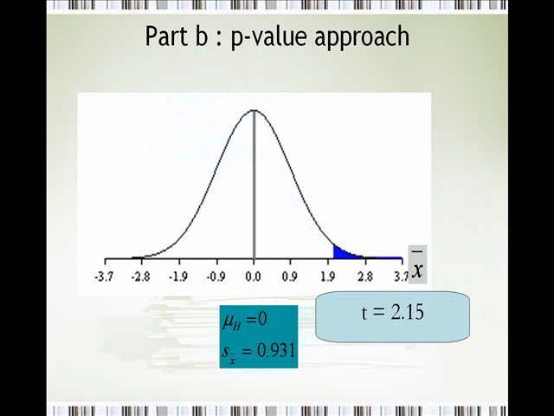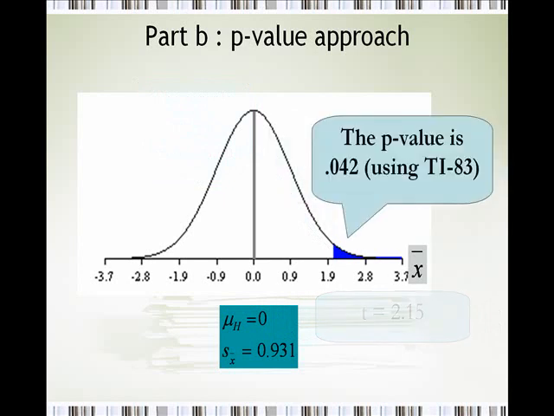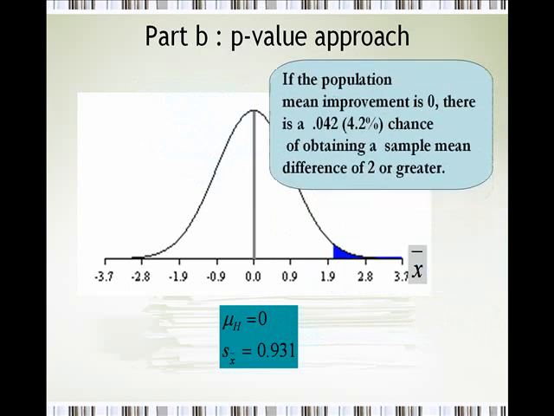Then using a TI-83, we can determine that the p-value is 0.042. So if the population mean improvement is 0, then there's a 0.042 or 4.2% chance of obtaining a sample mean difference of 2 or greater. So since that's a small chance, less than 0.05, we're rejecting H0.